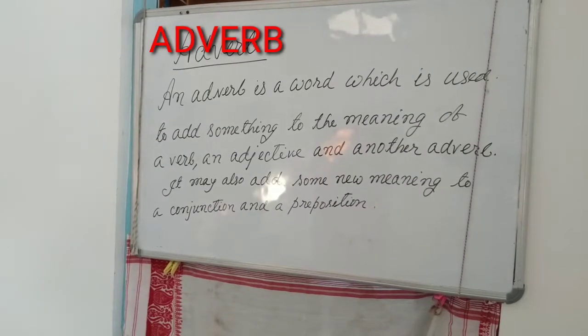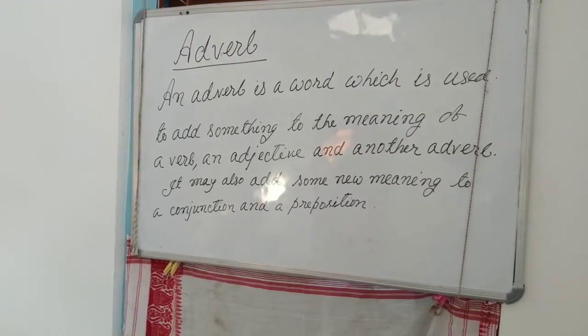Now let's come to another one, that is adverb. An adverb is a word which is used to add something to the meaning of a verb, an adjective and another adverb. That means an adverb is used to add some new meaning, to give some extra information about the verb, about the adjective, about another adverb.